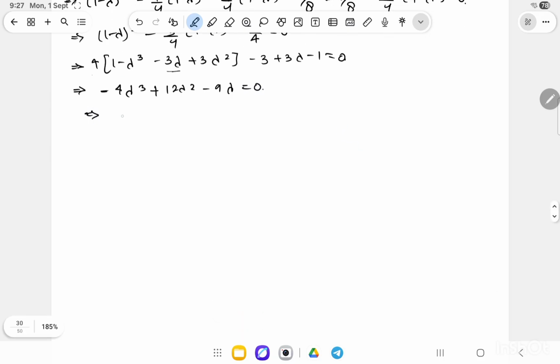So I get lambda into minus 4 lambda square plus 12 lambda minus 9 equals 0.